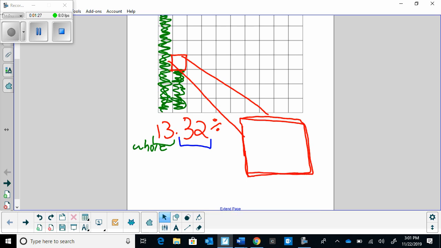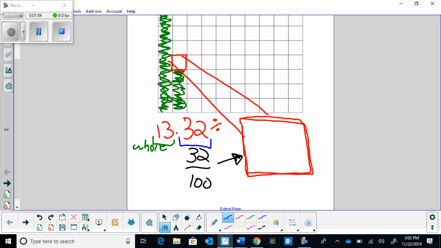And I want to know, how do I represent a fractional percent? All I've left is that 0.32%. Anytime you have a number after the decimal, you're going to put that number over 100. So it's 32 over 100. What that tells me is that I should split this tiny square into 100 pieces and color in 32 of them.